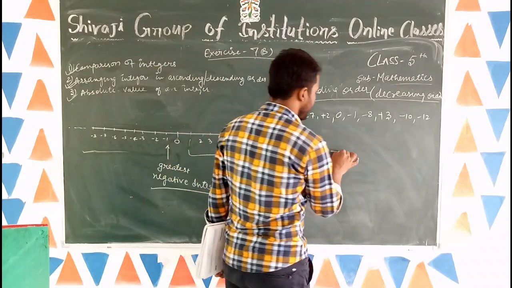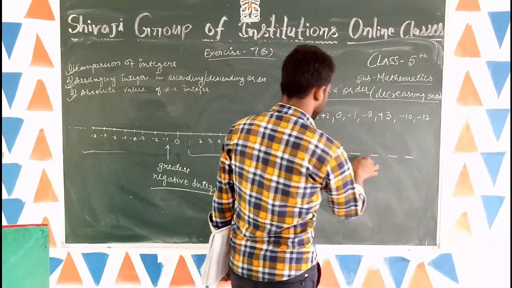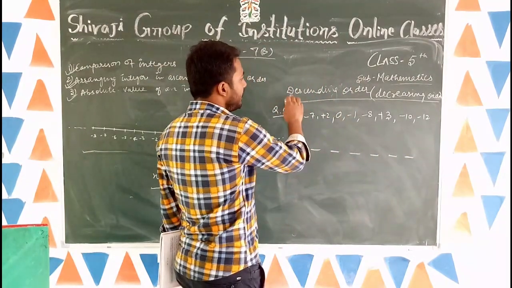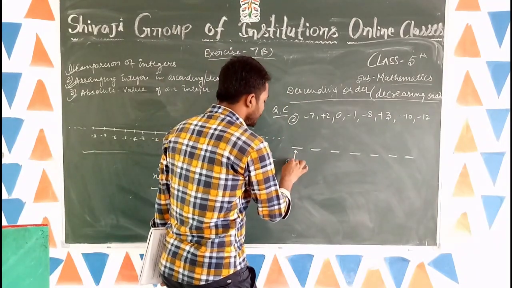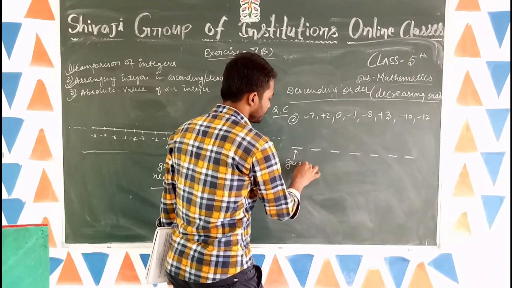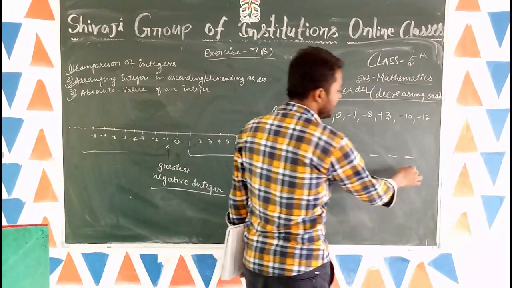So in descending order we have learned the first number will be the greatest number and the last number will be the smallest number.